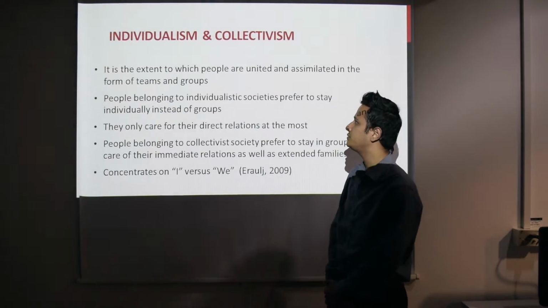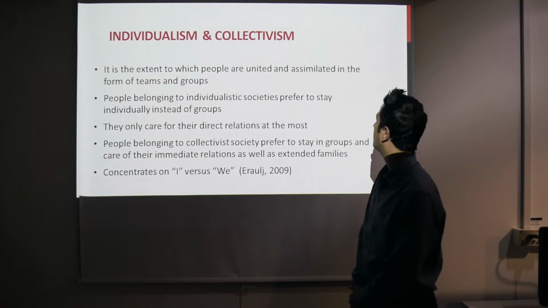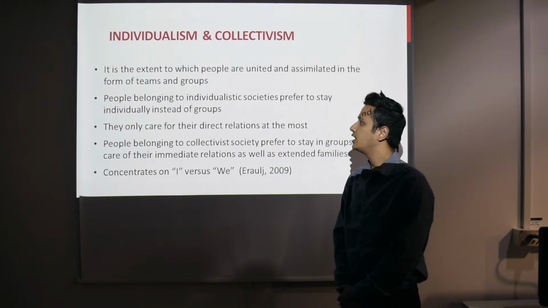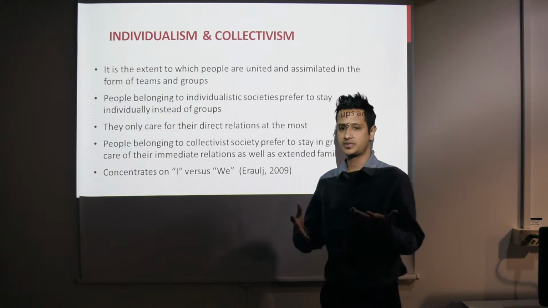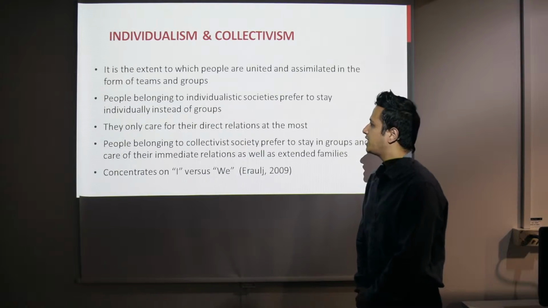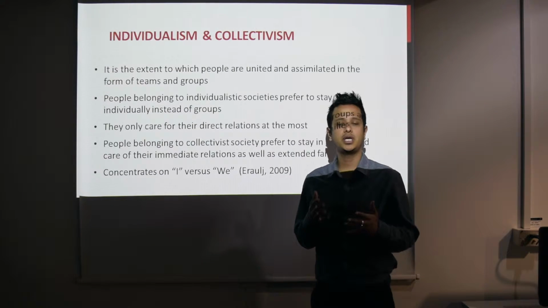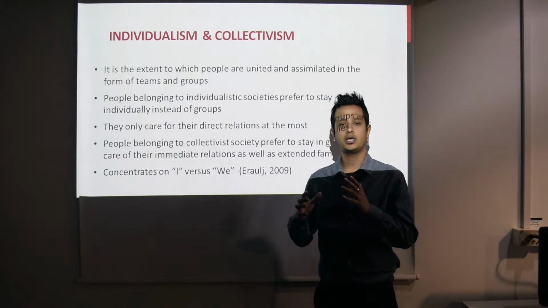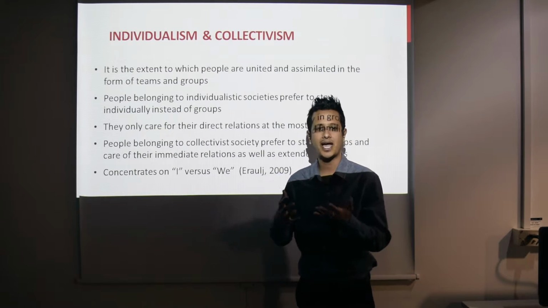To talk about collectivism, it is the extent to which people are united and assisted in the form of teams and groups. So basically we talk about groupism and working in a team. In India, people basically believe in working individually and not doing work in a team or combined work.